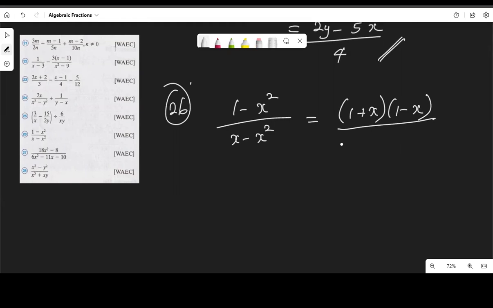S is common here. I have s into 1 minus s. The 1 minus s will cancel. So my answer is 1 plus s over s.